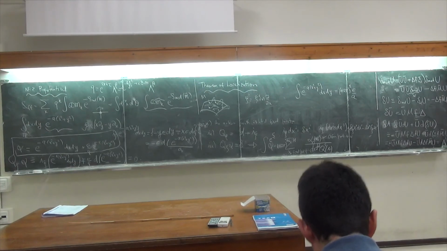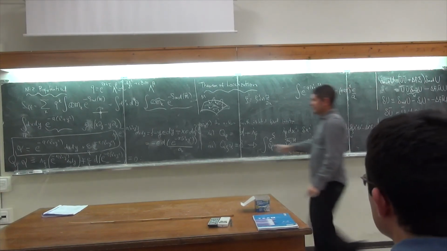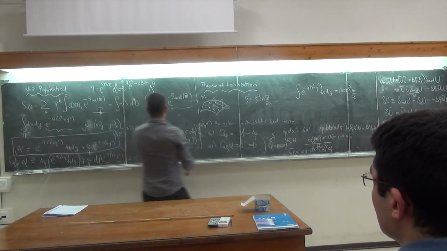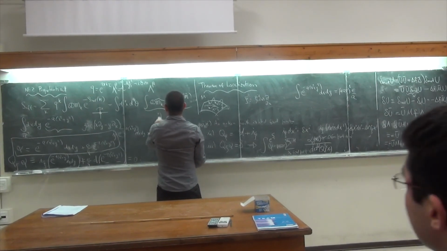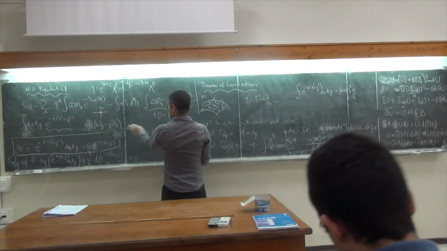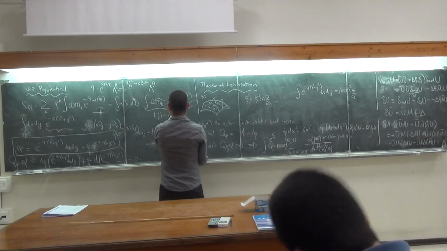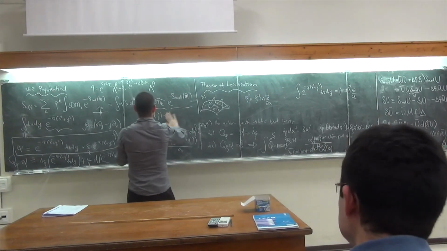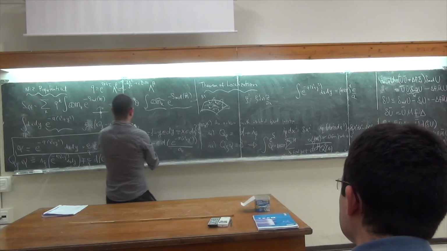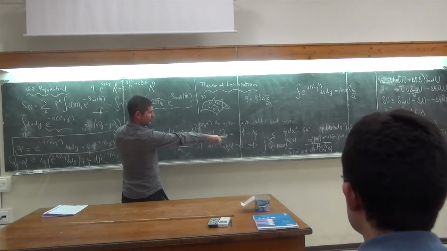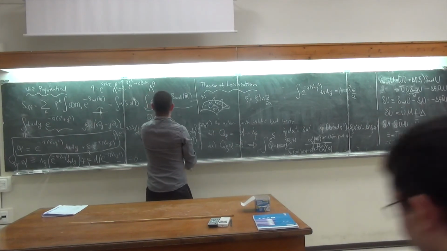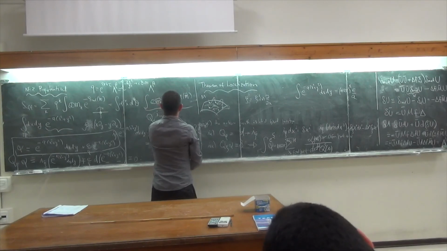Times the determinant. The determinant of this action, what does this action do? This action sends x and y to minus epsilon. This is just a matrix. Q i j is the derivative i epsilon j.